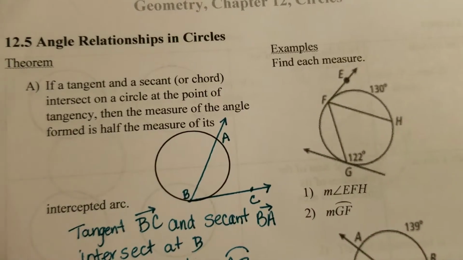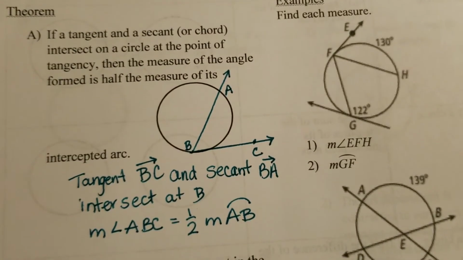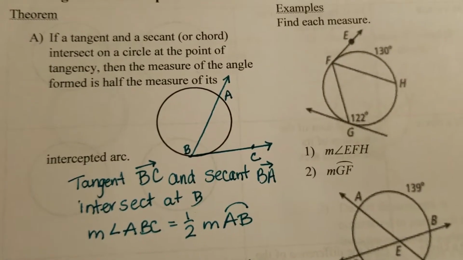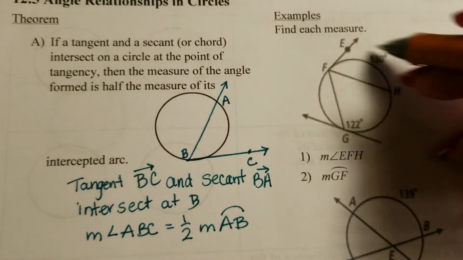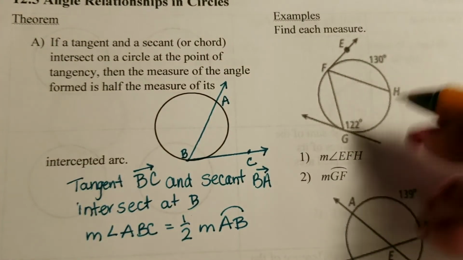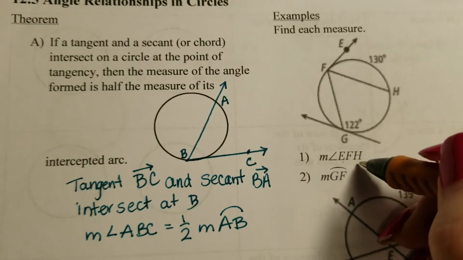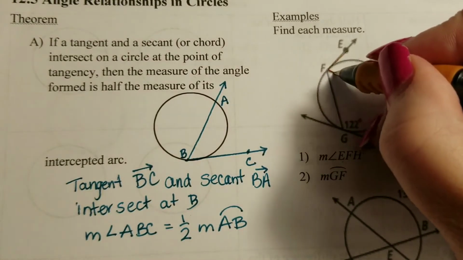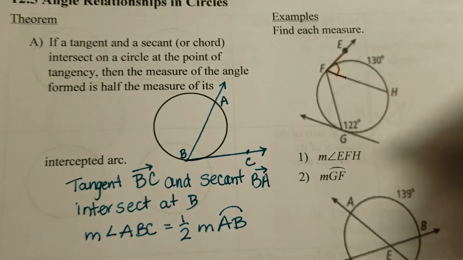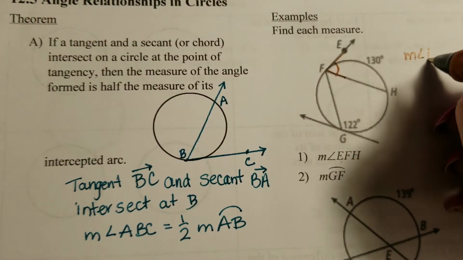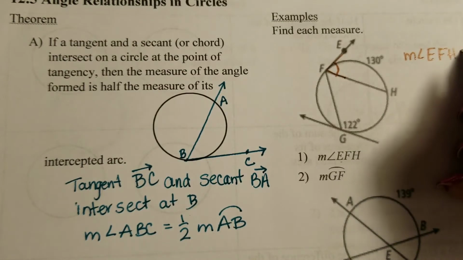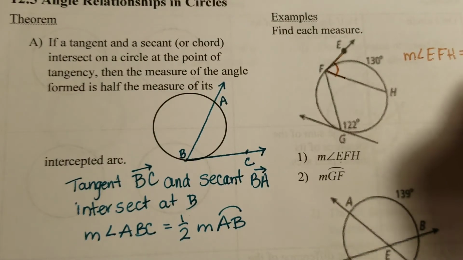So let's take a look at what that will look like with some examples. Let's look at example 1, or 1 and 2, looking at this particular example. It says here, find the measure of EFH. So EFH, that's this angle. The measure of angle EFH is going to be 1/2 the measure of the arc FH.